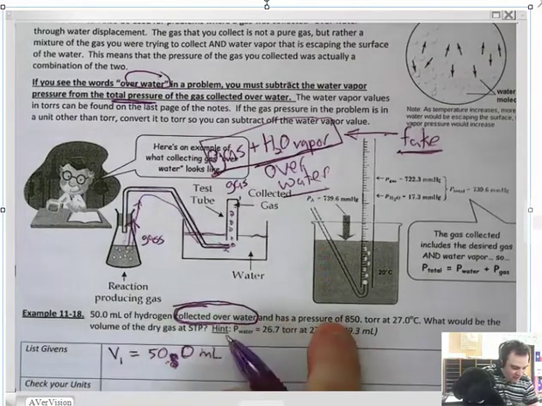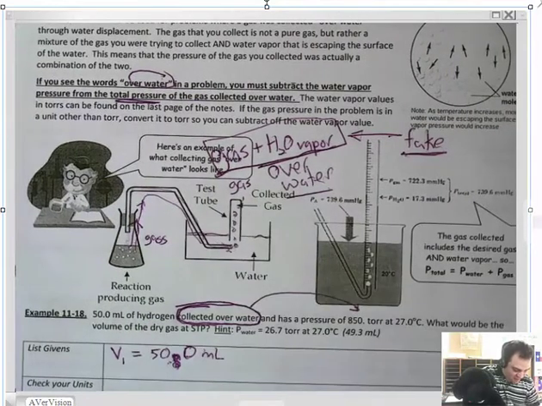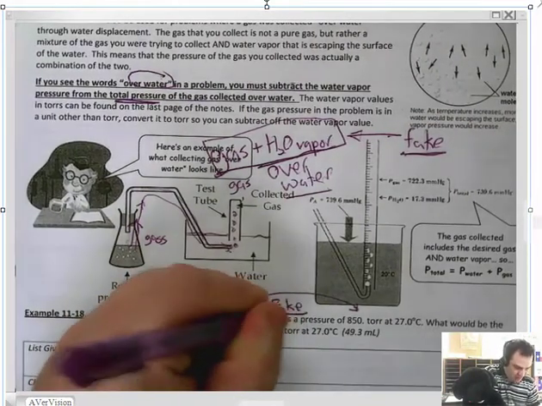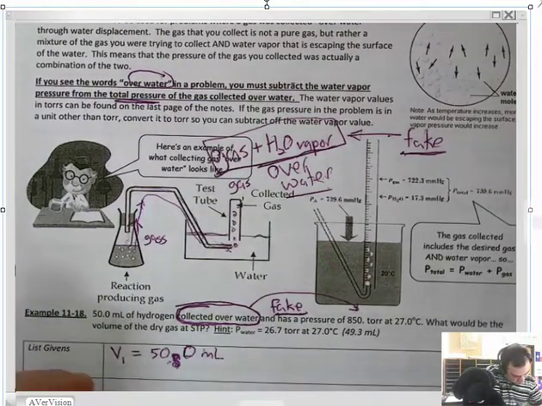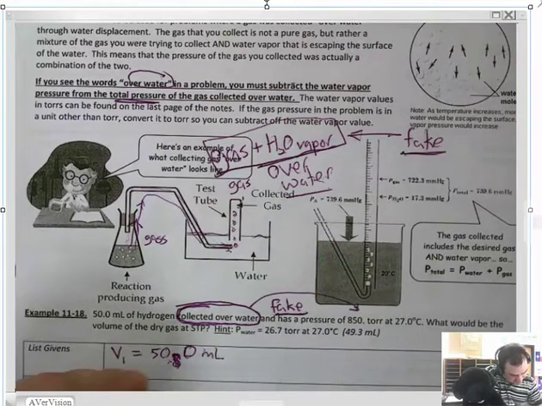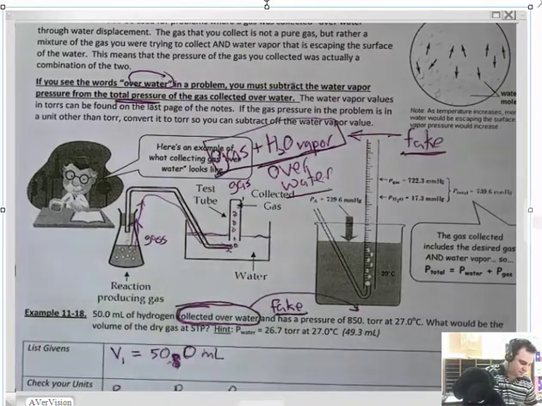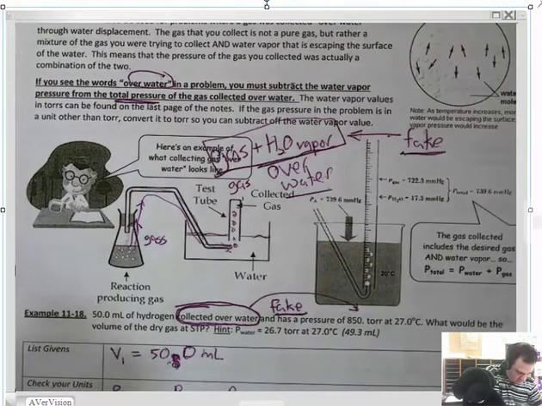It has a pressure of 850 torr. That means that this pressure is fake, and we cannot use that pressure. So, the total pressure equals the pressure of water plus the pressure of gas. The total pressure is going to be 850 torr.